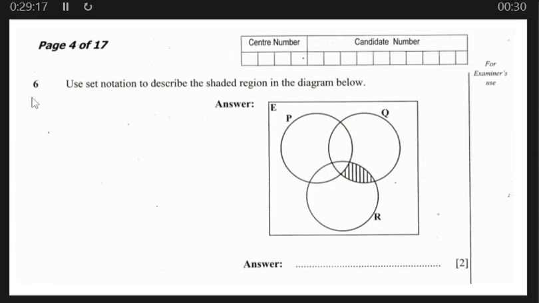So this is question 6, which says use set notation to describe the shaded region in the diagram below.